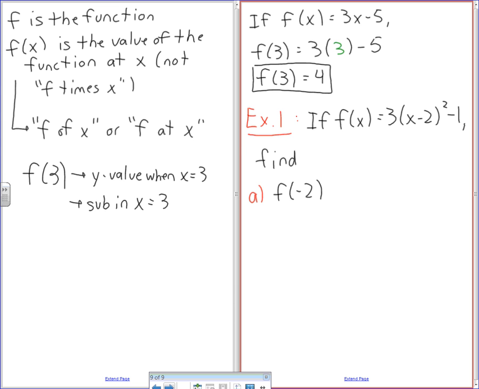This will work for anything that's a function. It has to be something that has one output for each input, then you can write it in the form of f of x.